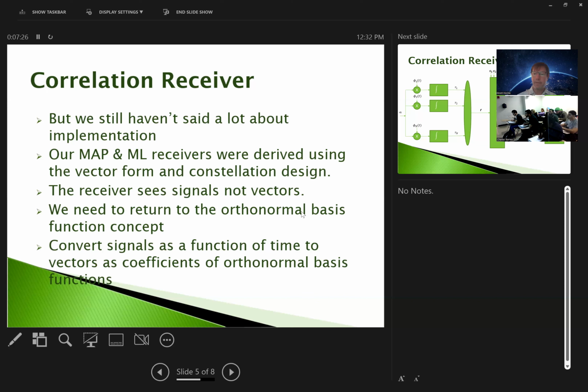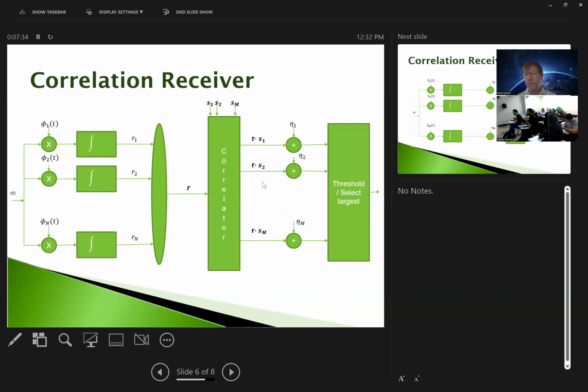Now, we're not going to go into those formulas today, but instead we'll focus on the block diagrams, and then we'll try to fill in the blanks next week. So we have this signal coming in way over here on the left, R of t, right?